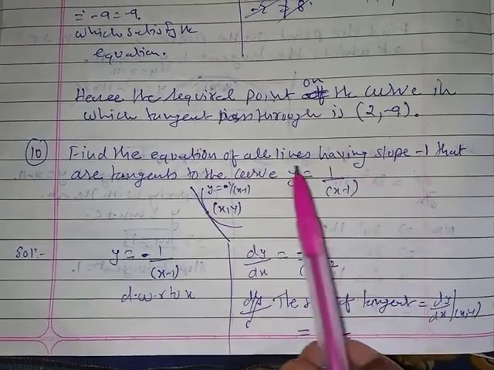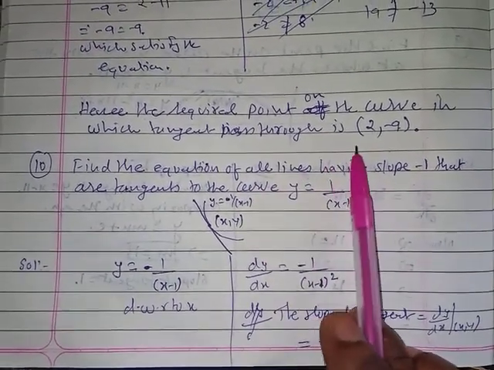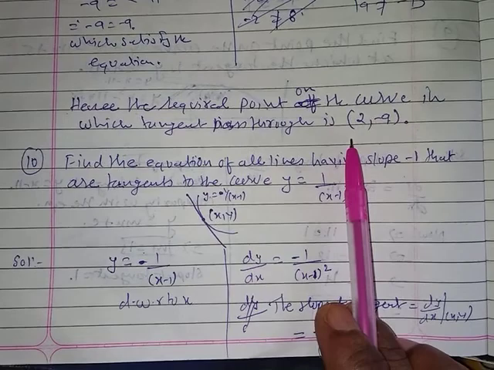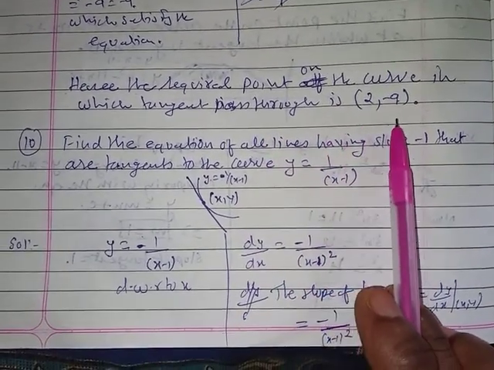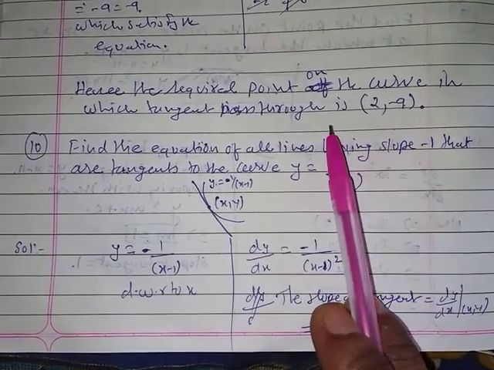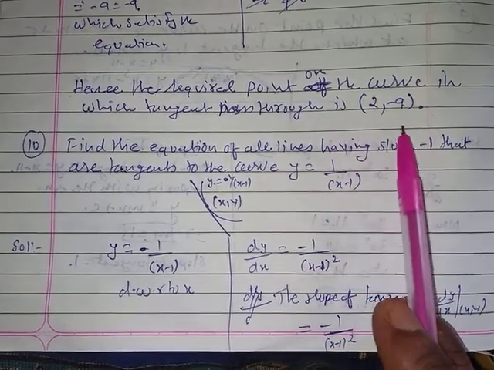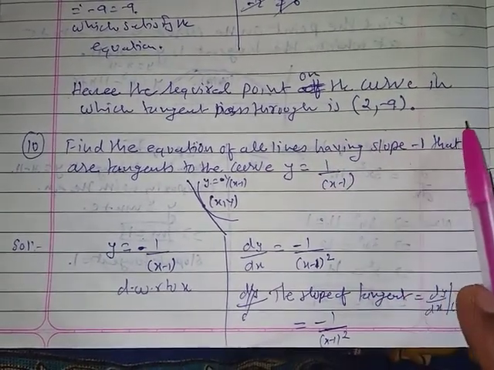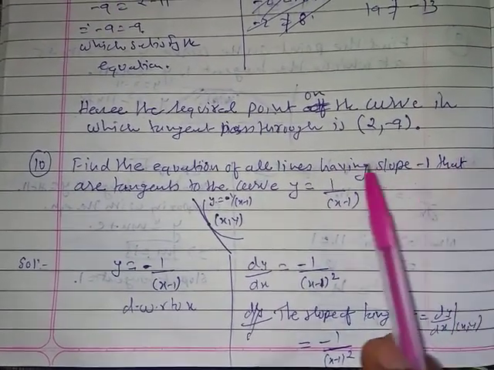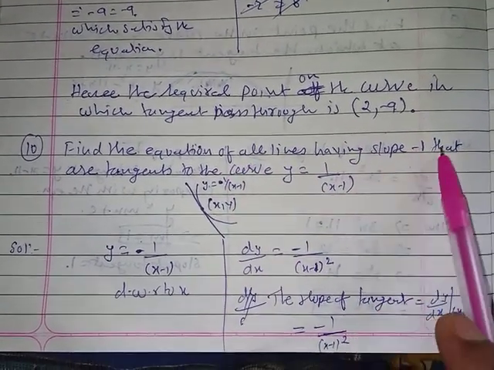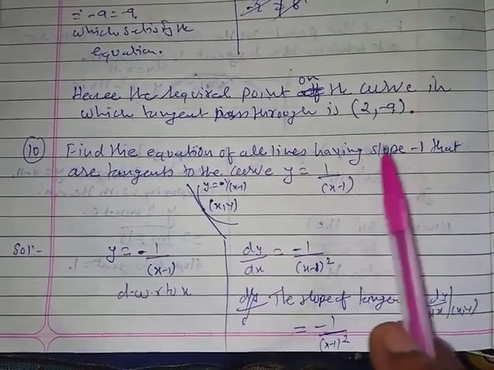Slope is already given, so a point is needed. What is the equation of the line passing through x1, y1 having slope m? y minus y1 is equal to m times x minus x1.